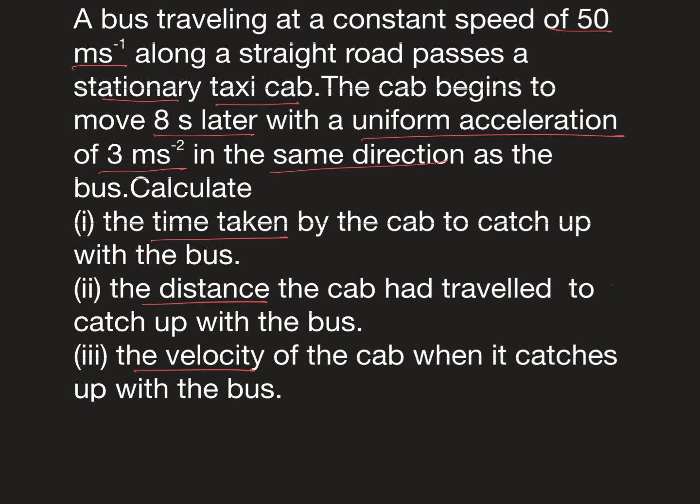It is asking us the time taken by the cab to catch up, that is to meet with the bus. The second question is asking us to calculate the distance the cab had traveled to catch up with the bus. The third question is asking us to calculate the velocity of the cab when it catches up with the bus.